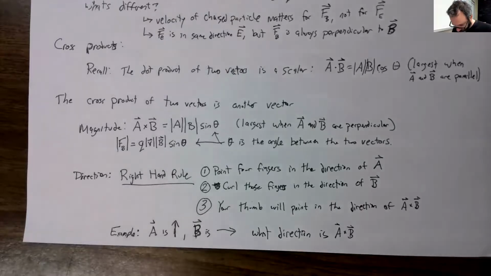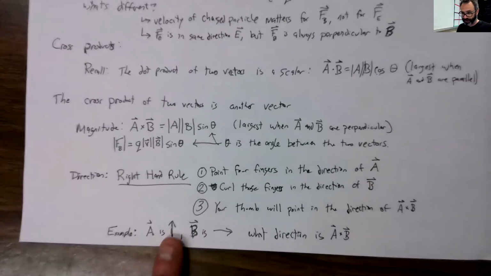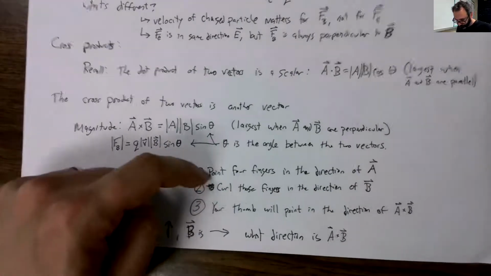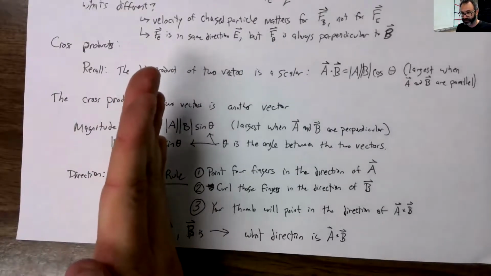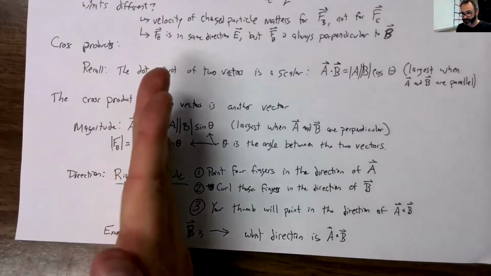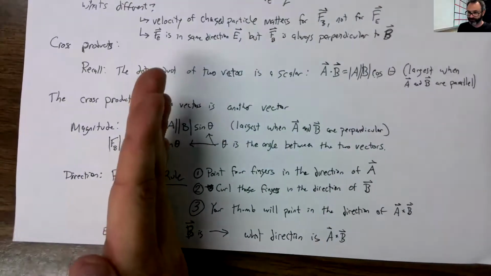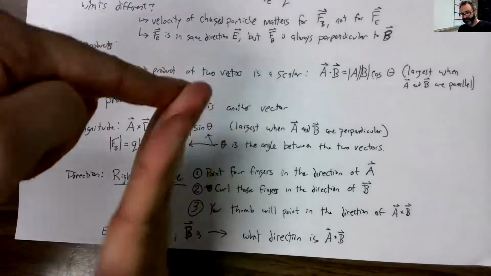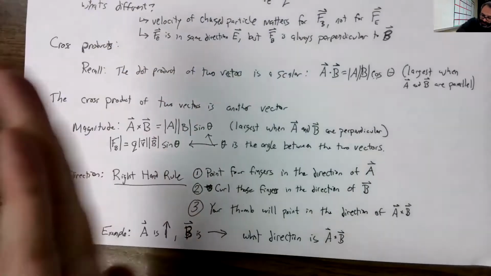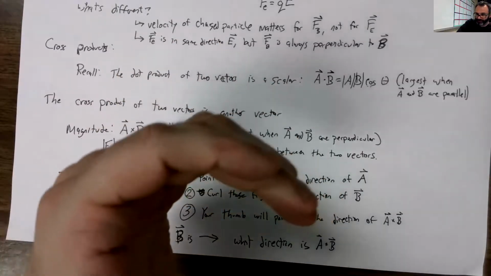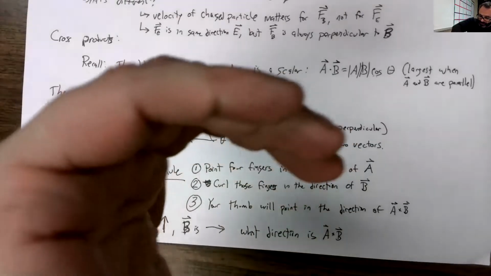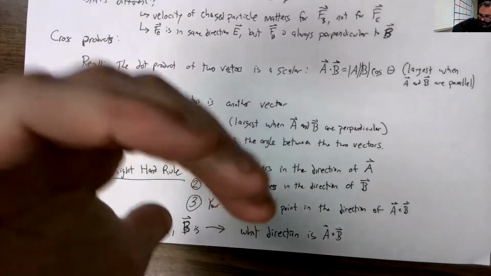Okay, so let's see. A is upwards, so I'm going to point my 4 fingers in the direction of A, straight up towards the top of the page. B is to the right, so I want to curl my fingers in the direction of B. Now I can't because my hand's not facing the right way, so I've got to go like this. And now my thumb will point in the direction of the cross product.